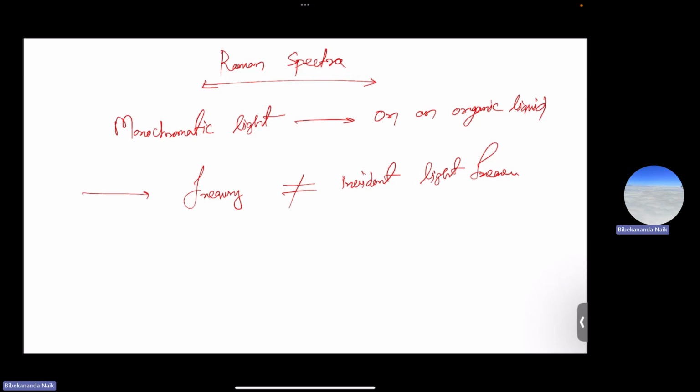If the frequency of the emitted light is nu prime and the incident light is nu, then it differs by a factor del nu. Now this factor decides whether the frequency will be more or less. When there is no absorption, the frequency of the incident light is equal to the frequency of the emitted light, and this is called Rayleigh scattering.